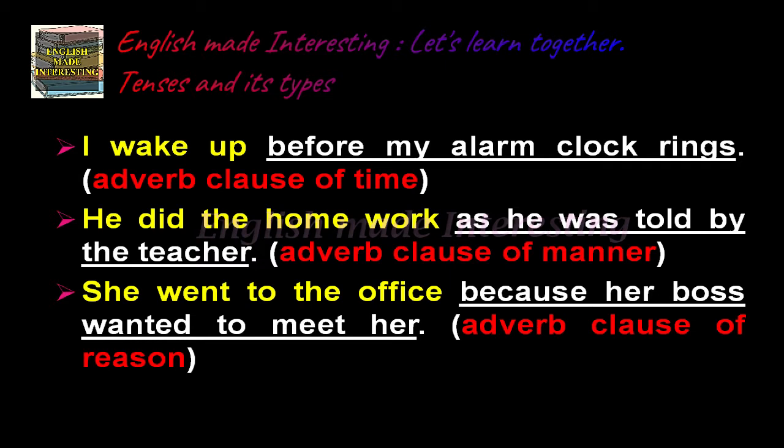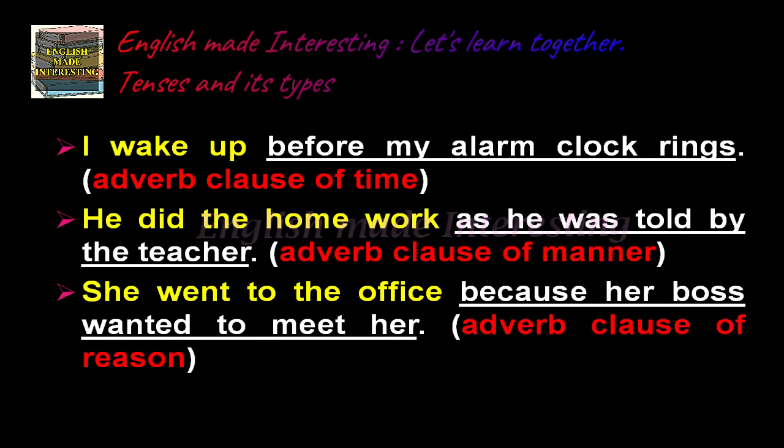He did the homework as he was told by the teacher. As he was told by the teacher is the clause, and it is an adverb clause of manner. How did he do his homework? Or the manner in which he did his homework. So, as he was told by the teacher is the adverb clause of manner.